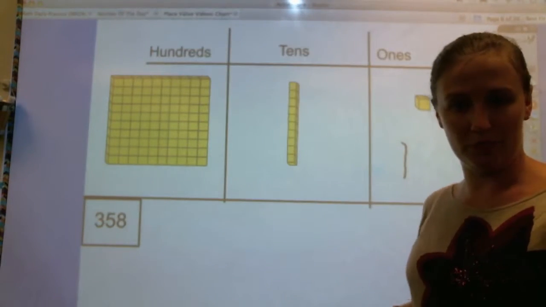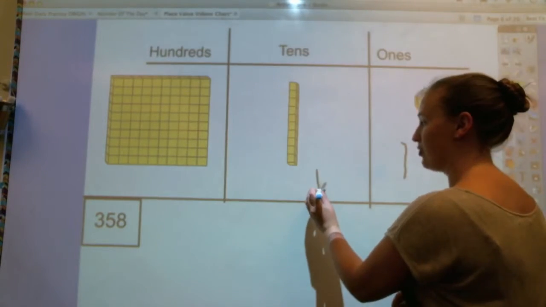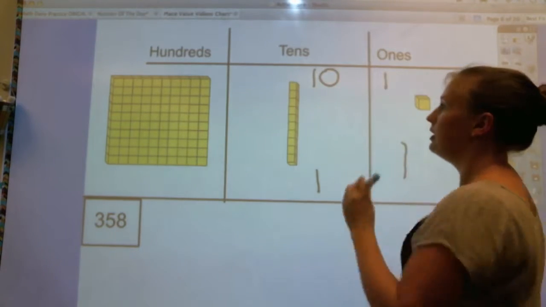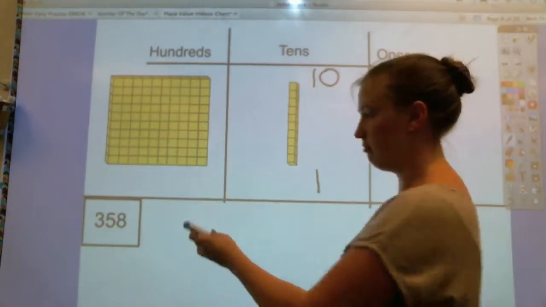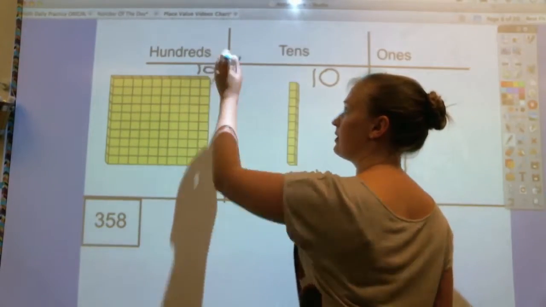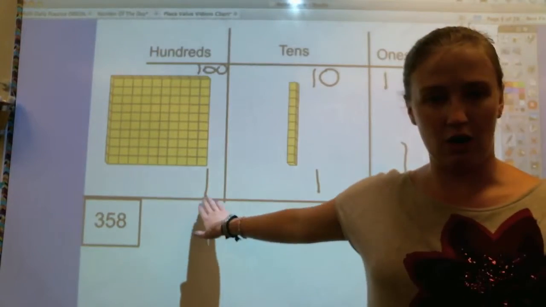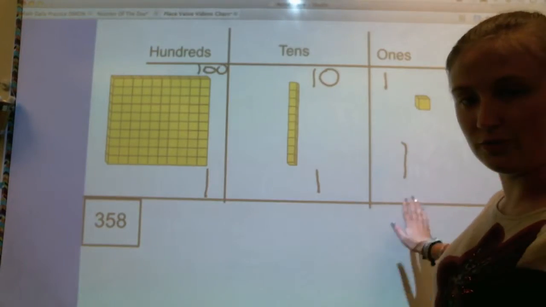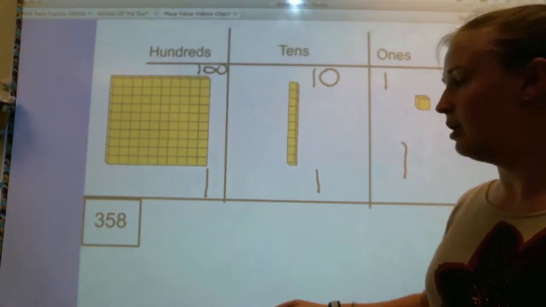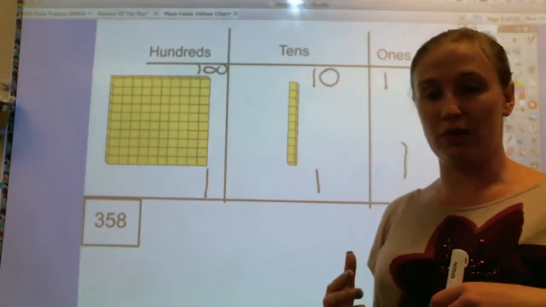This would be one group of 10, or I remember the number 10. And here I have 100, and I know what 100 looks like. But focusing down here, I can now read this number in standard form. I have 111.